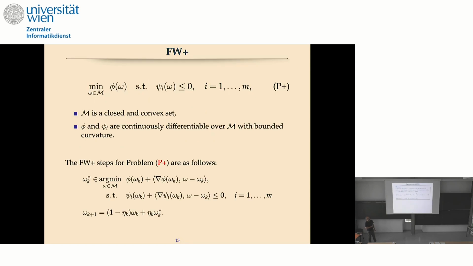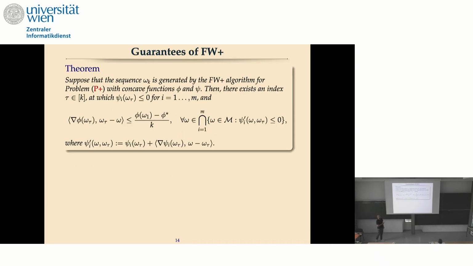So the feasibility comes from the fact that, due to the concavity, this is actually a restriction of the original problem. So it always works in the restrictions of the original set. So it always remains feasible in this setting.